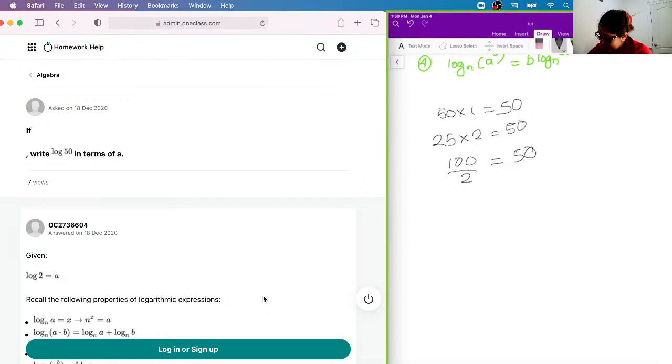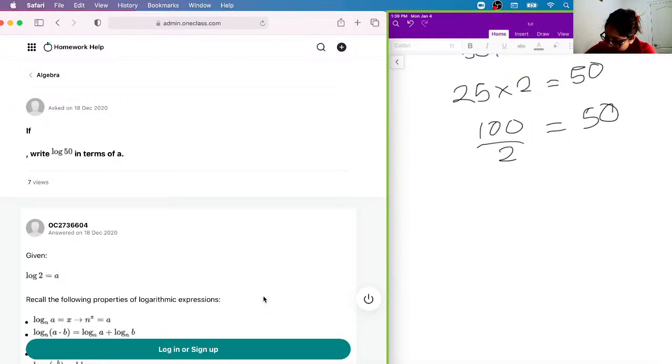And so we can basically write a new expression by saying that log base 10 of 50 is equal to log of 100 over 2.